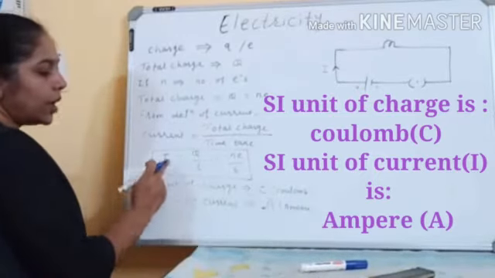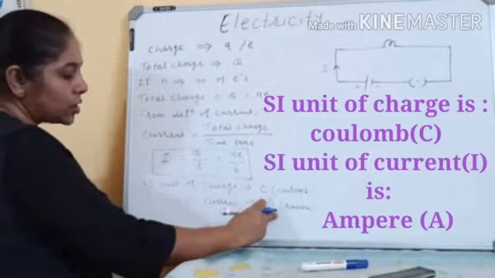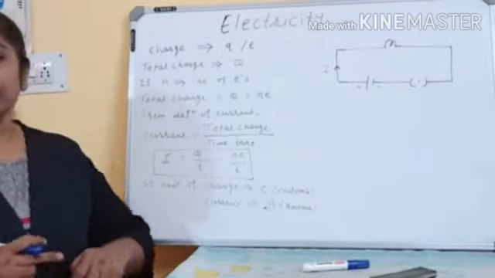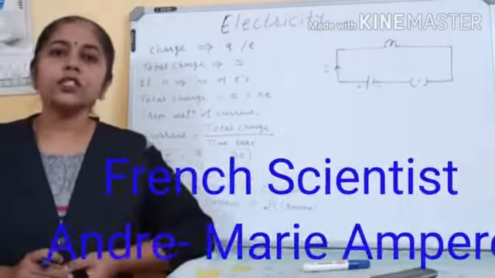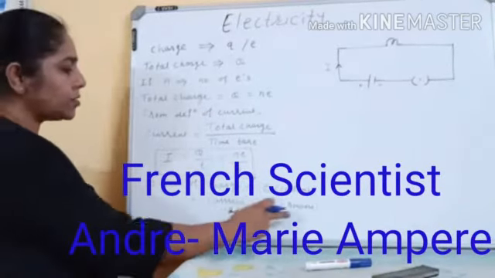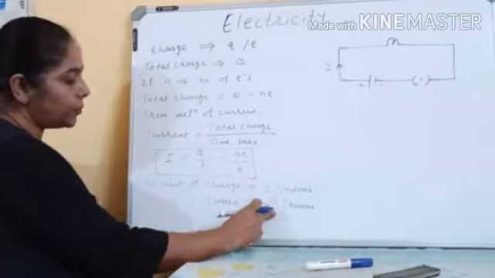I is the symbol, A is the unit. It is named after the French scientist Andre Marie Ampere, and it is denoted by A.